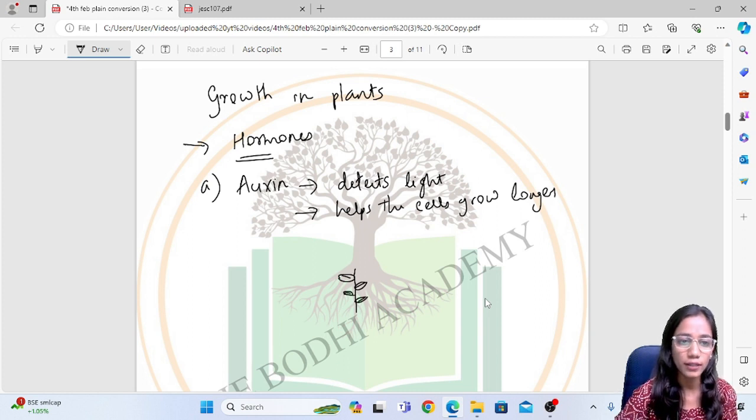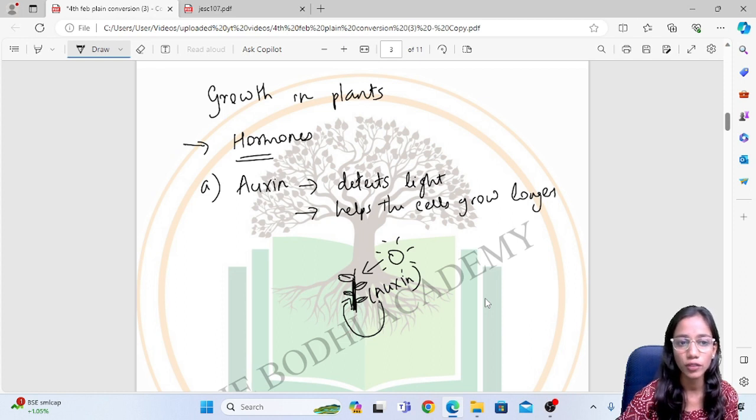This is the plant, and it is receiving sunlight at this part of the plant. If on this side of the plant there is auxin and the plant is receiving sunlight, auxin, when it detects the sunlight, shifts itself to the other side.